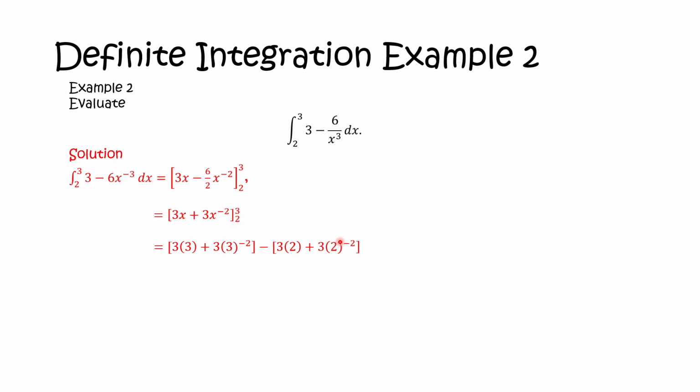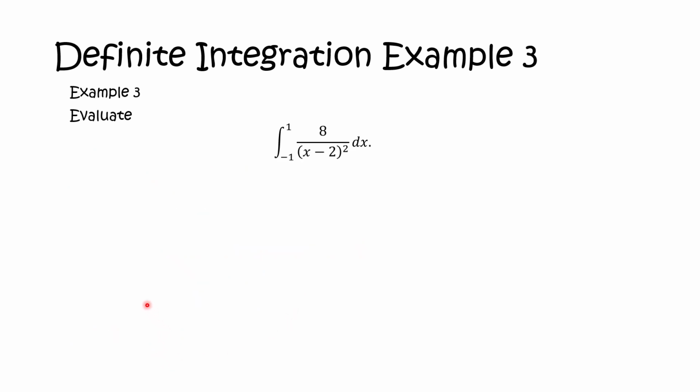In doing so, we are going to have 3 times 3 plus 3 times 3 to the power minus 2, all subtracted with 3 times 2 plus 3 times 2 to the power minus 2. Now, evaluating those individually, we would get 9 plus 1 over 3 minus 6 plus 3 over 4, which ends up as 2 and 7 over 12.